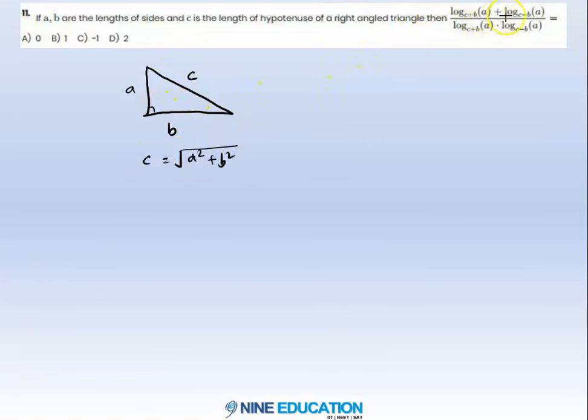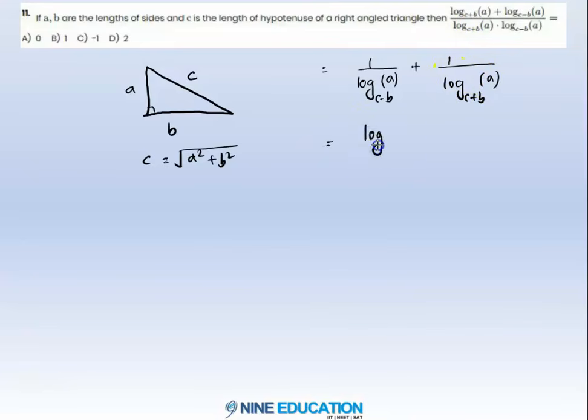If we separate the numerator terms, log with base c plus b will get cancelled because the denominator also has the same term. So we get 1 by log base c minus a and c minus b, plus the next term, log with base c minus b will get cancelled. In that case we get 1 by log base c plus b and a here.